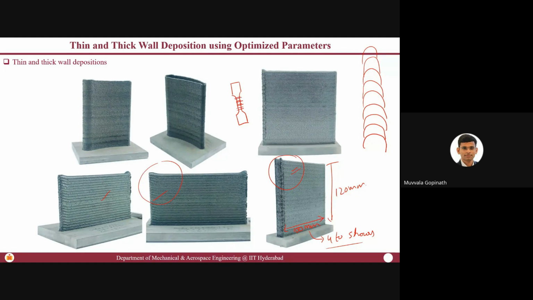This is very important in additive manufacturing, because it is a layer by layer manufacturing process. So we will look at it from the perspective of DIC, that is digital image correlation, where we get the strain distribution over the entire component length.